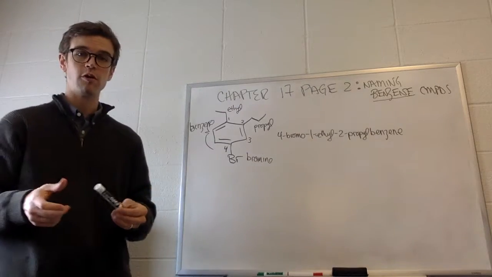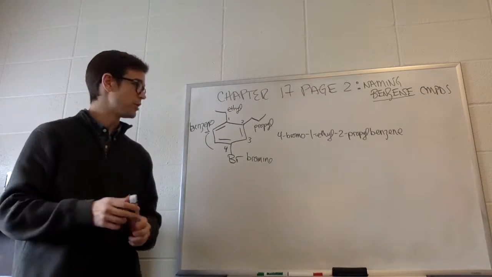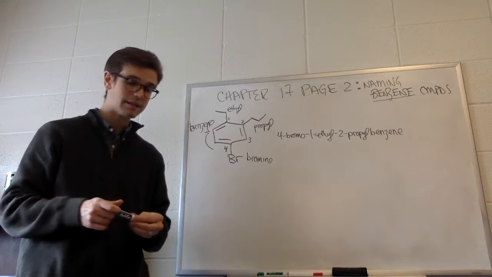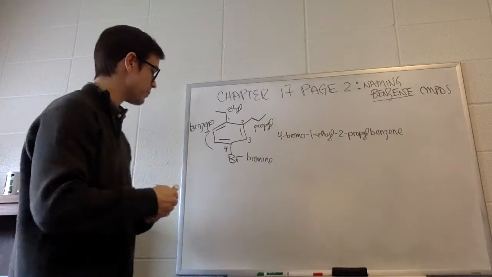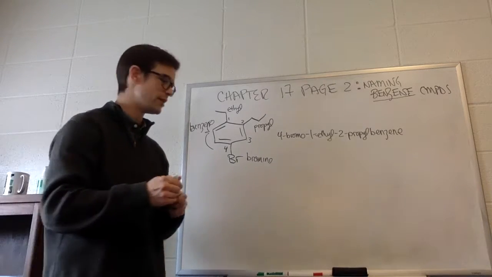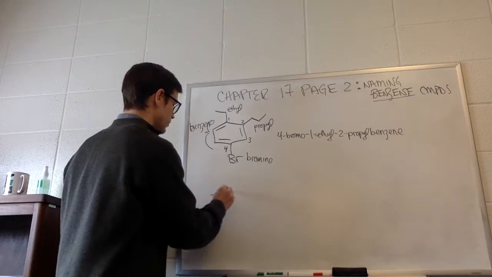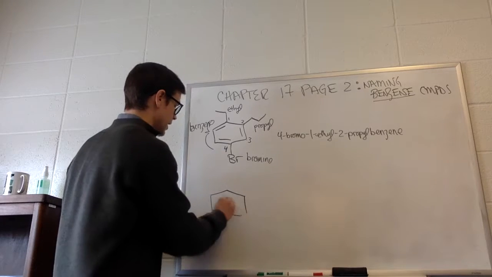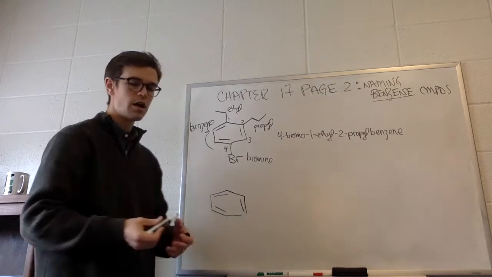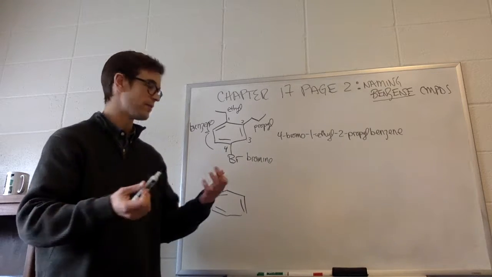So pretty straightforward. Should make a lot of sense. Definitely let me know if it's not making sense to you. And the next thing on the page deals with a new nomenclature system that we are going to deal with for benzene compounds. And that is the naming of different places on the benzene ring according to a different substituent.